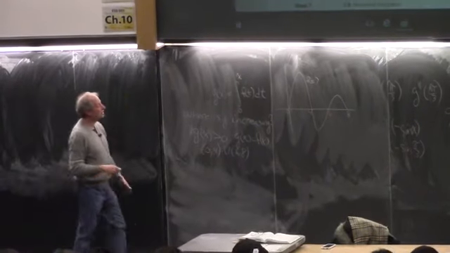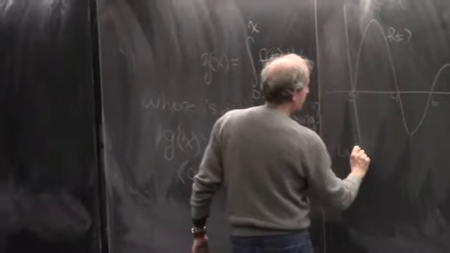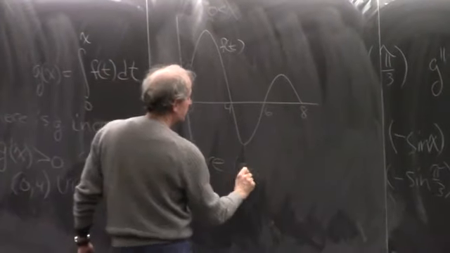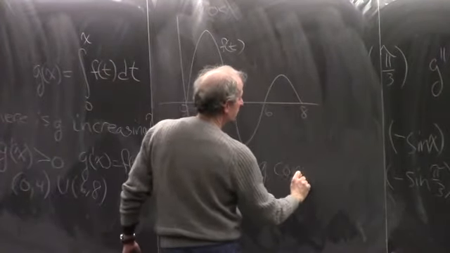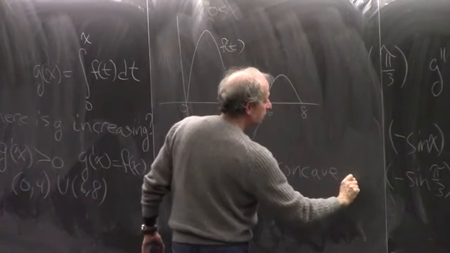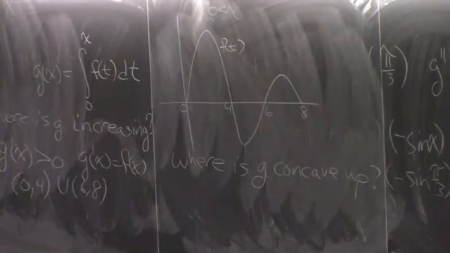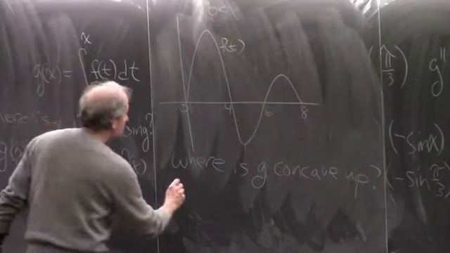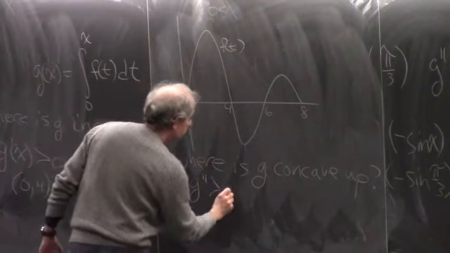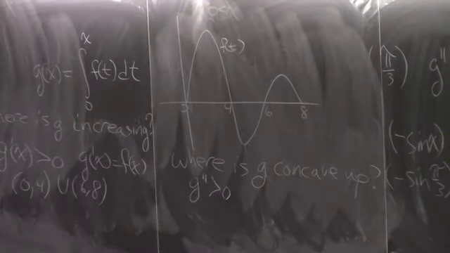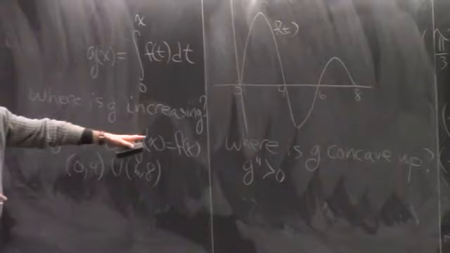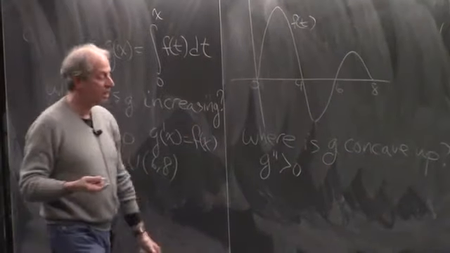So what if I said, where is g concave up? Or concave down? It doesn't really matter. g is concave up where g double prime is greater than 0. Well, if g prime is f, then g double prime is f prime.